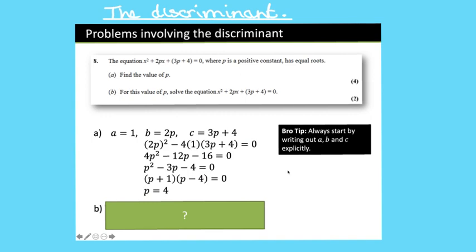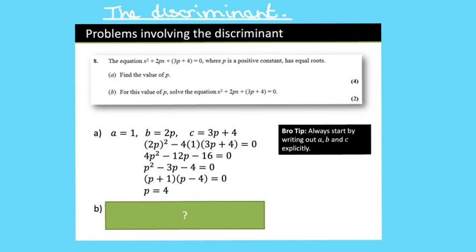Then, using the discriminant b squared minus 4ac, we know it is equal to 0 because it has equal roots. So you get 2p all squared minus 4 times 1 times 3p plus 4 equals 0. So 4p squared minus 12p minus 16 equals 0.